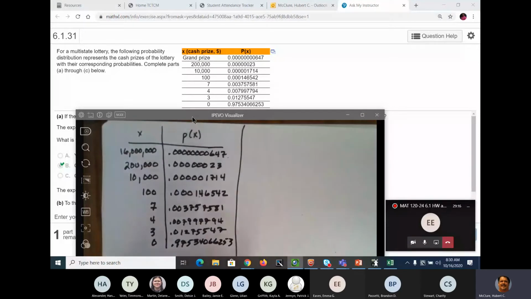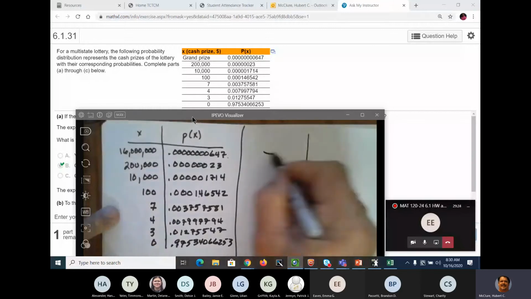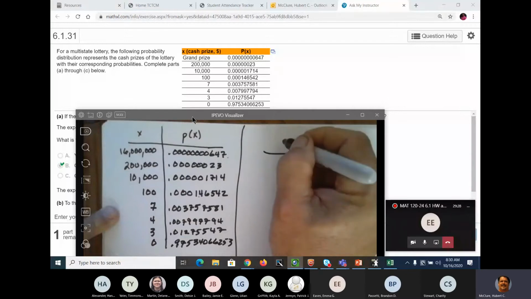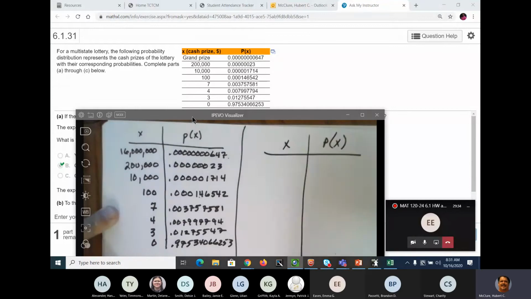Okay, now why am I rewriting this? Because over here, I've got to rewrite it just like they have. And instead of using 16 million, X is here and P of X is here. I'm not going to write all these big numbers down again.